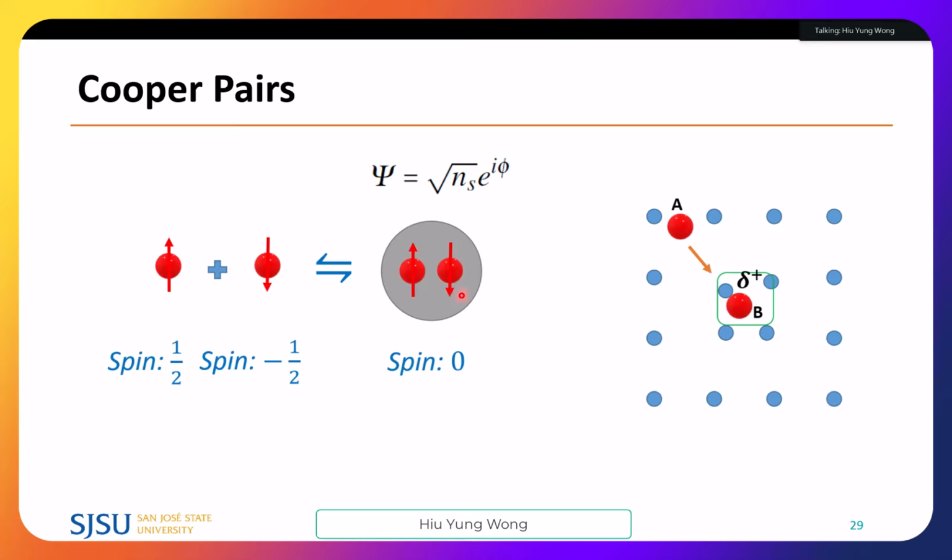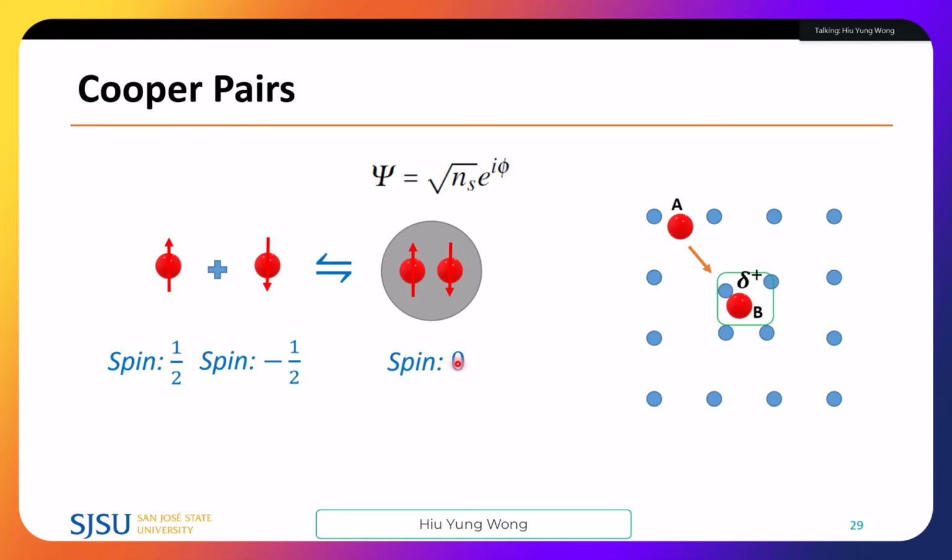The important thing is that because they're Cooper pairs, their spin is 0. In chemistry, we know that electrons are fermions, they cannot occupy the same state. But now they are Cooper pairs, they are spin 0, they become something called bosons, just like the photons. They can have the same state.